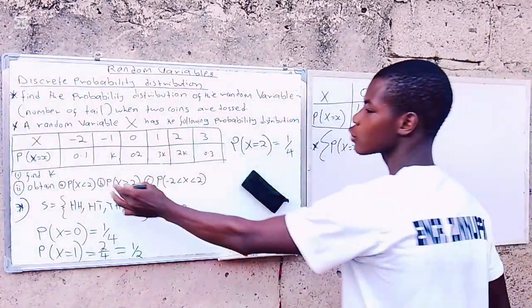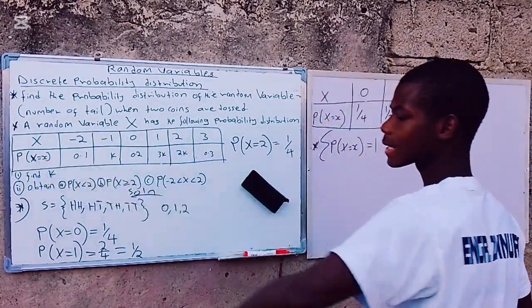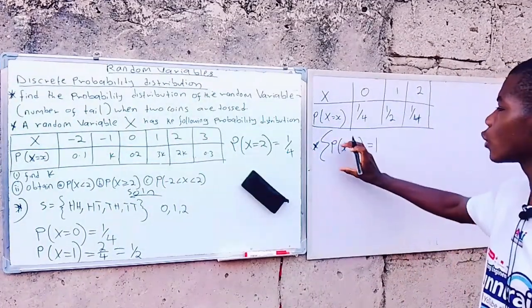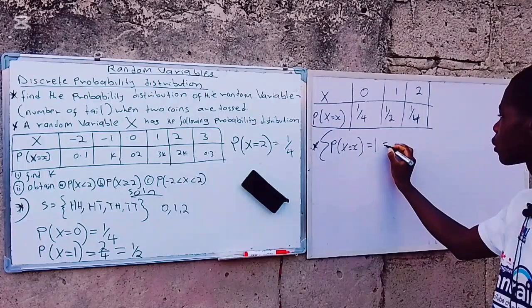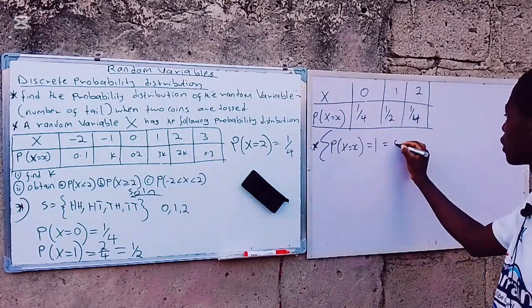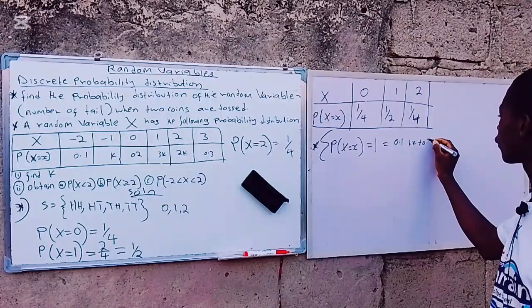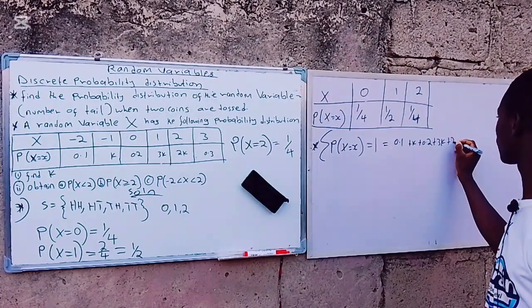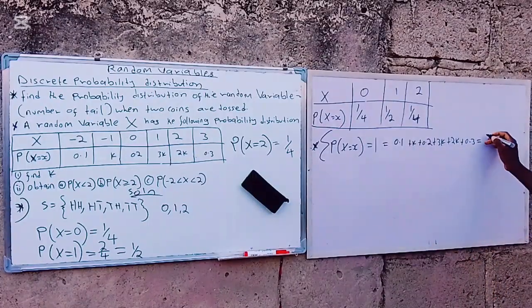So we are going to sum all these values. This should be equal to 0.1 plus k plus 0.2 plus 3k plus 2k plus 0.3, which is equal to 1.